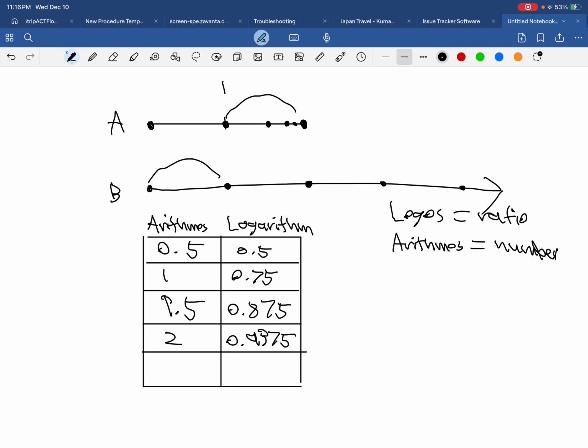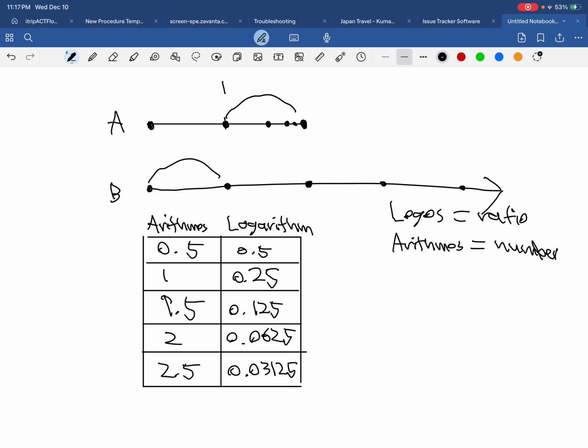So actually, it goes 0.5, 0.25, aka a half, a quarter, 0.125, an eighth, 0.0625 for a 16th, I believe. Yes. And a 32nd, so 0.03125.